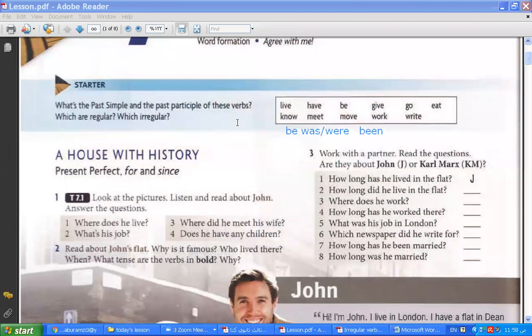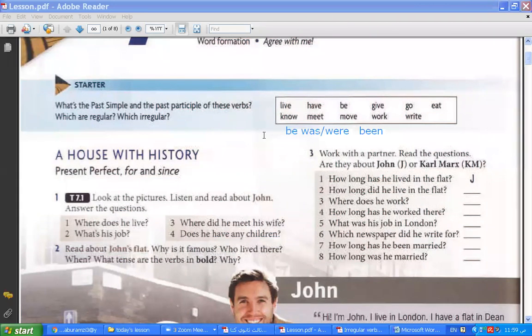Great. Let me ask Aisha. Yes, Hanin, you will answer go. Aisha, you give me about give. Give, gave, given. Thanks, Aisha. Give, gave, given, like this.